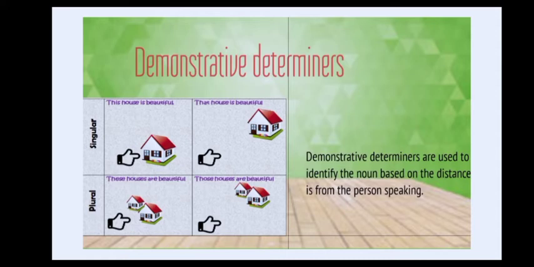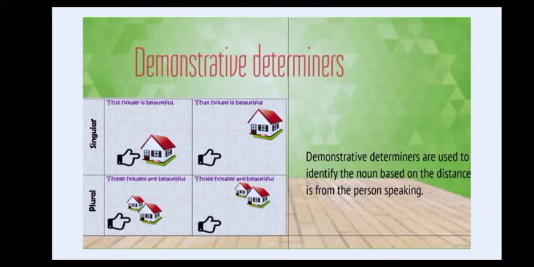Demonstration means to represent or to point out towards a specific thing or a specific object. So, demonstrative determiners are used to identify the noun based on the distance from the person speaking.